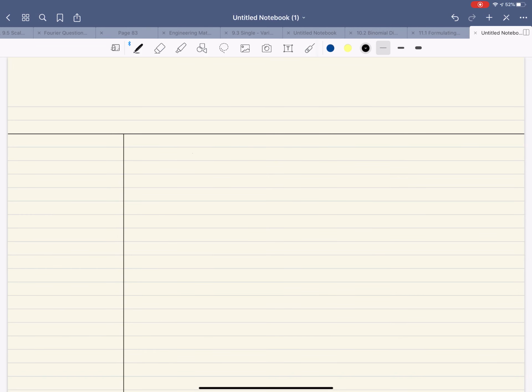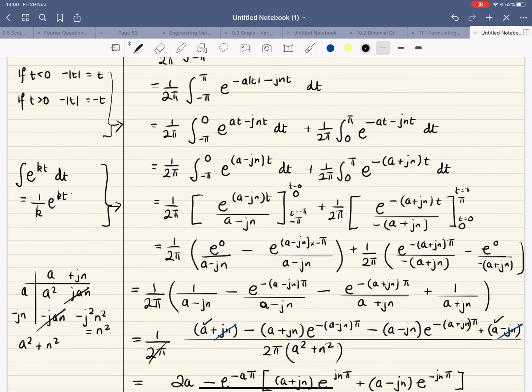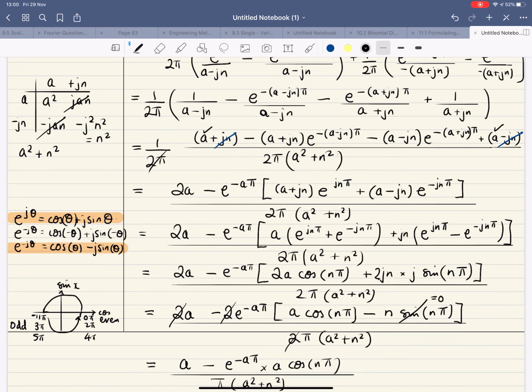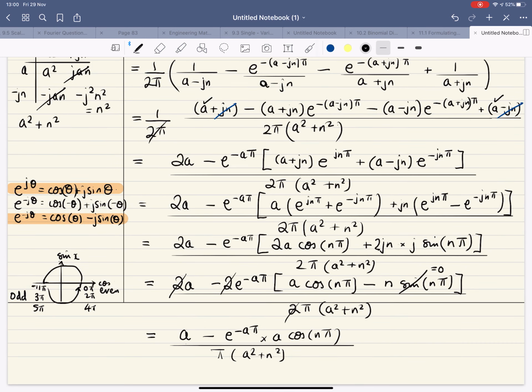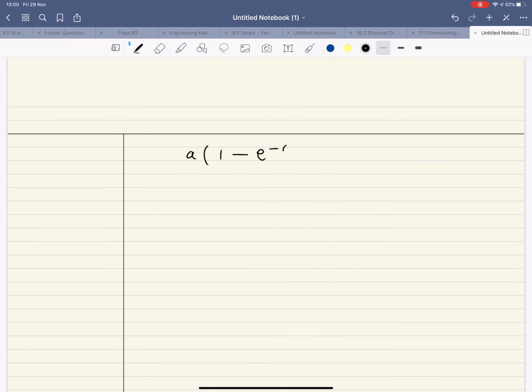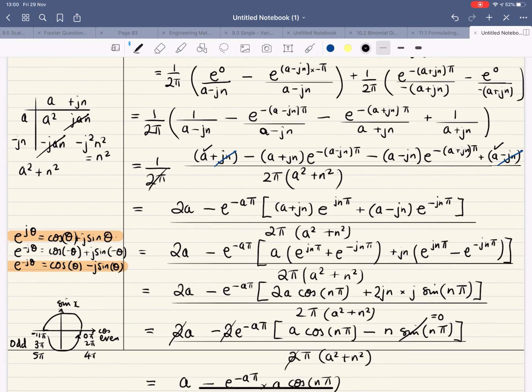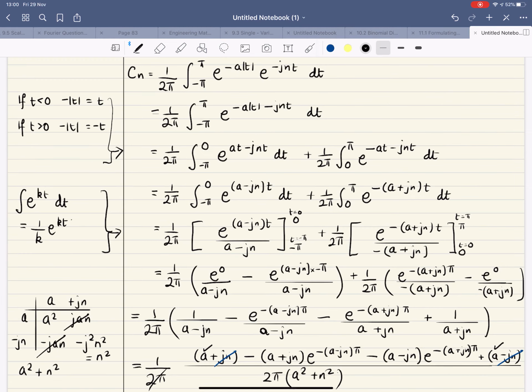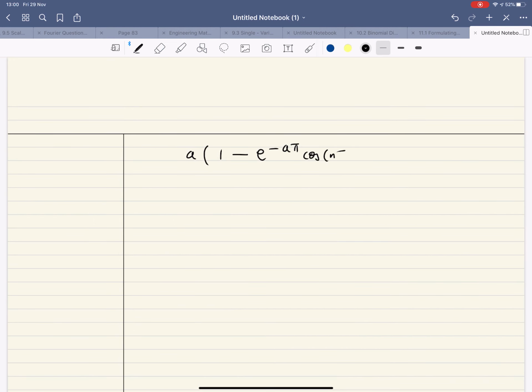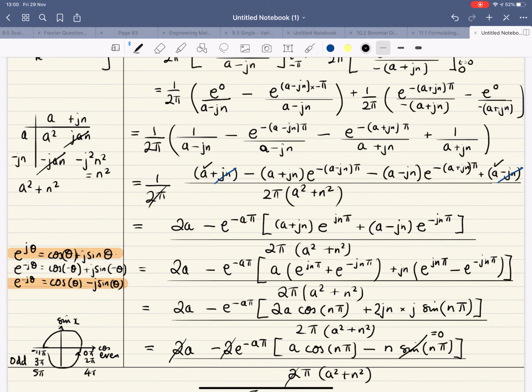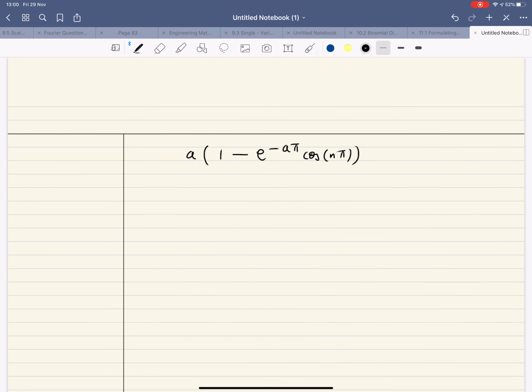A outside the bracket, 1 minus 1 minus e to the minus a pi cos n pi, over pi times a squared plus n squared, like so.